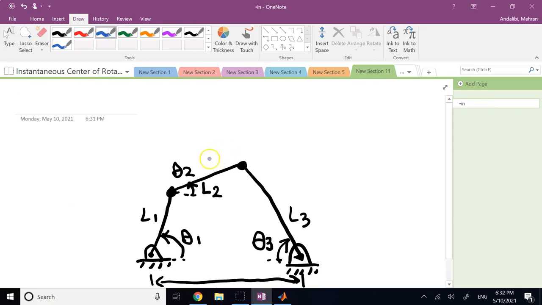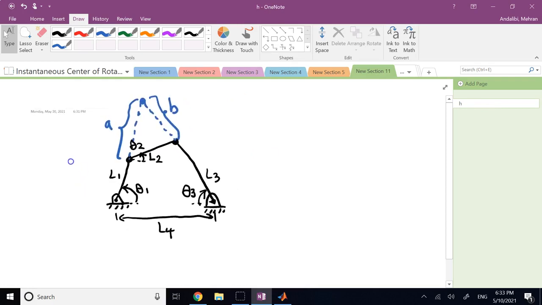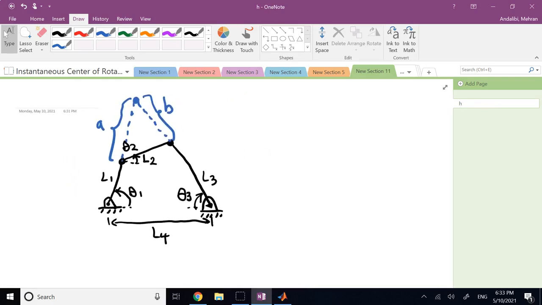And as I said, the instantaneous center of the middle member with respect to the ground is where you continue these two members, and that's here. And you wanted to find these length, A and B. Now, everything else is given to you. All angles, all length, everything is given. You just need to find A and B. And so if you focus on this triangle, one side of it is L2.